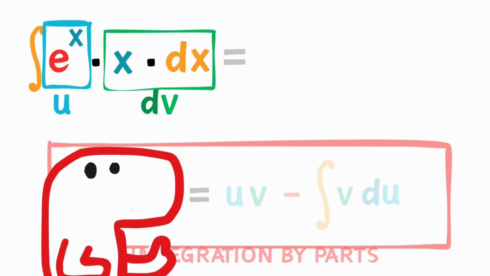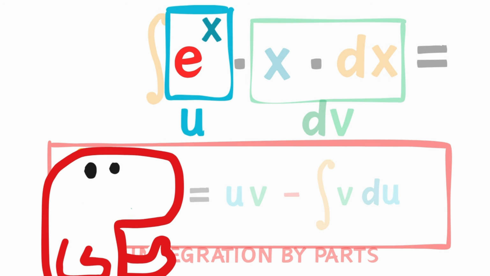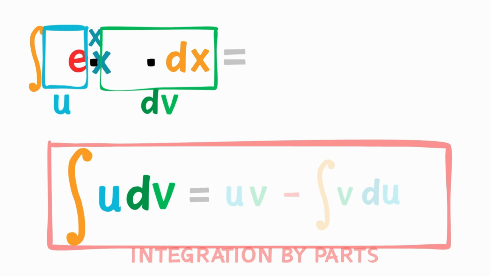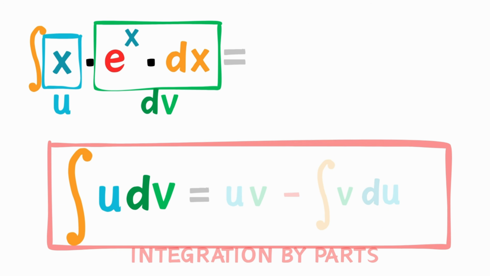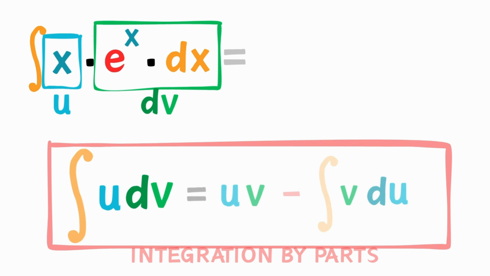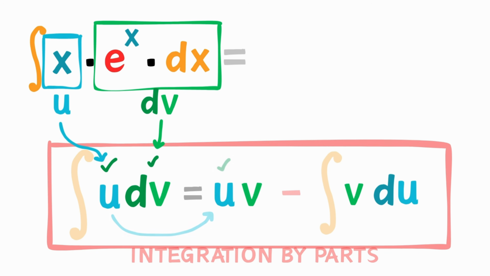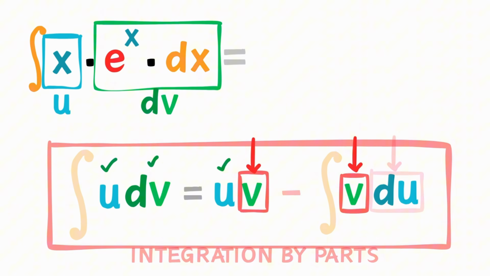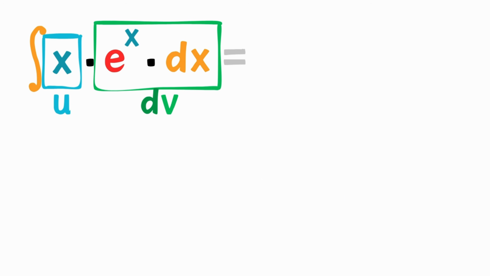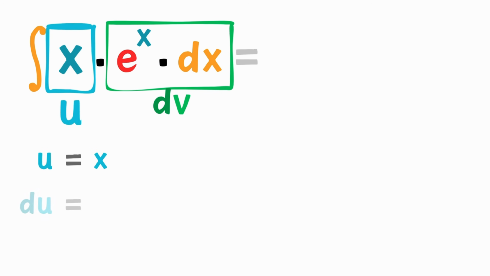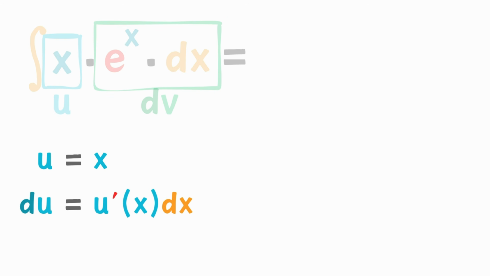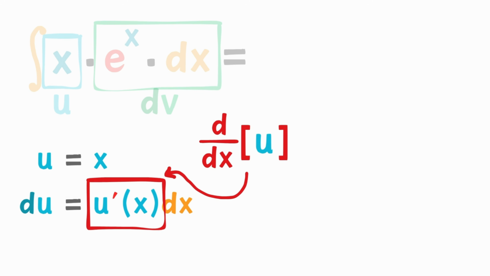Now, there's also a trick that helps us to decide what to pick for u, but for now, let's go ahead and integrate the first option by setting u to x and dv to e to the power of x dx. So, we have u and dv. To fill out the formula, we still need v and du. Okay, we know that u is x, so to find du, we take the derivative of u with respect to x.